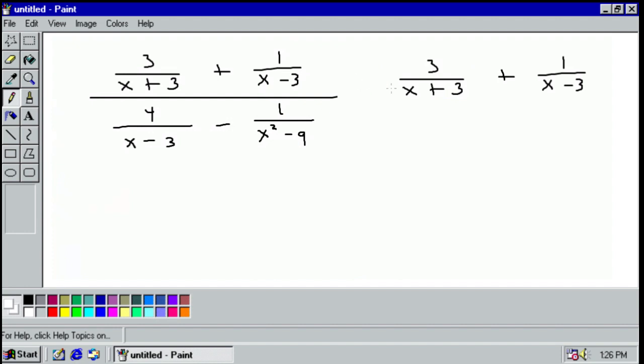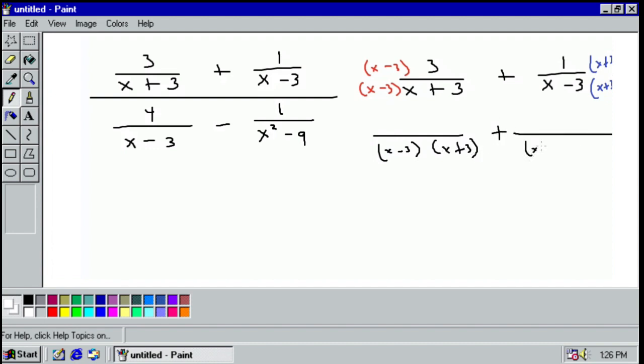Since we don't have an x minus 3 here, let's multiply by x minus 3, and don't forget to multiply the top part also. And since we don't have x plus 3 there, we're gonna have x plus 3 on the other side. Now we have x minus 3, x plus 3, plus x minus 3, x plus 3.